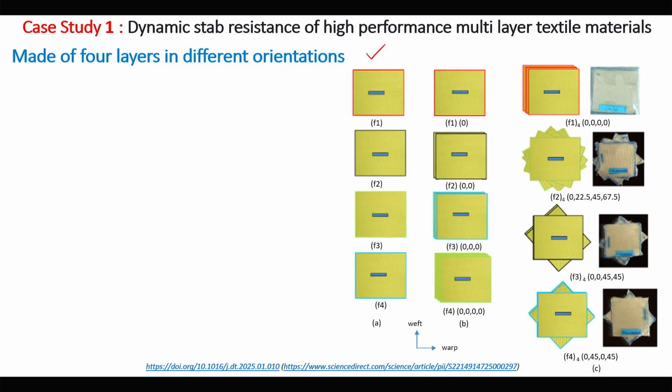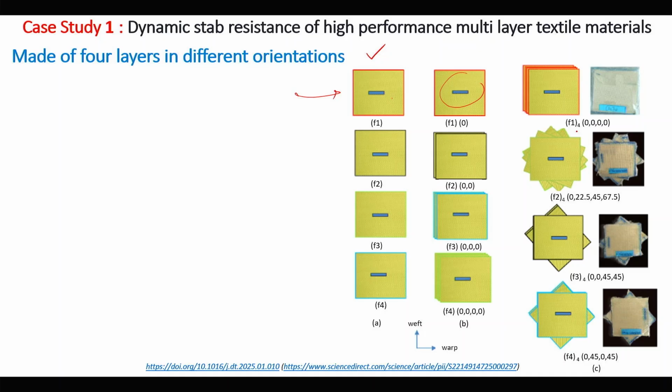Now, we can see these are the layers, this is for the 2D fabric. Here F1 is a fabric at the 0 degree angle, F1 0, that means this is the wave direction.